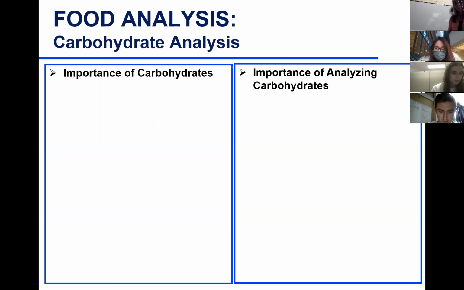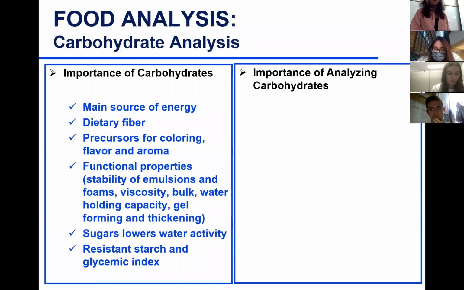In baked products, we like to see the browning of the loaf of bread. What else? Anything else coming up? Yes, through the Maillard reaction. What Coleman said, precursor of color and aroma and so on.